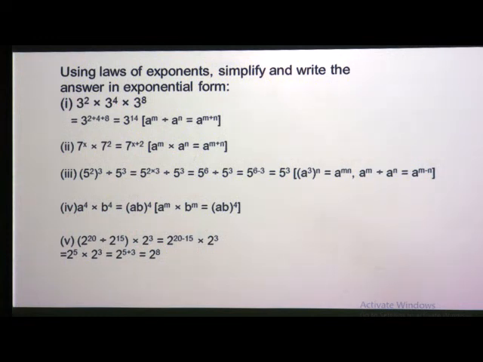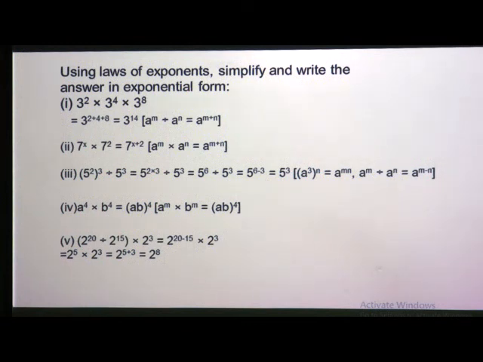Using the laws of exponents, simplify and write the answer in exponential form. Now we have learned many different laws of exponents.